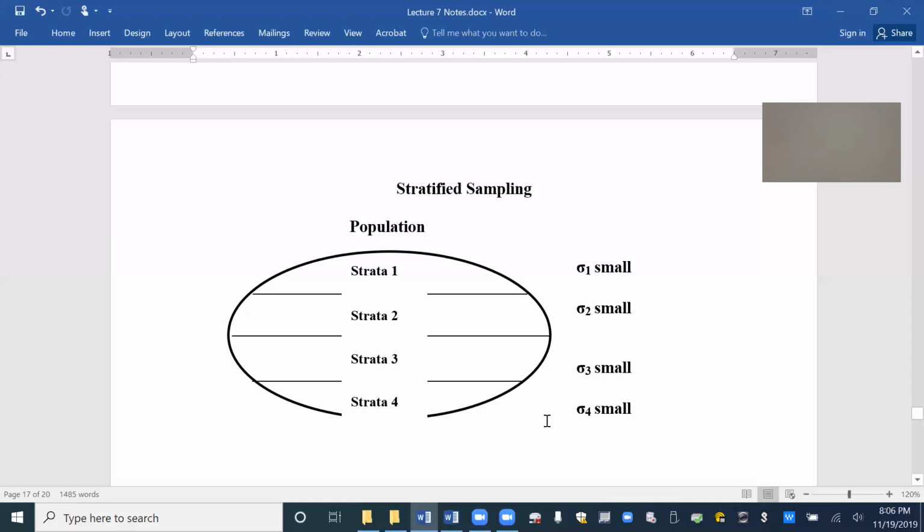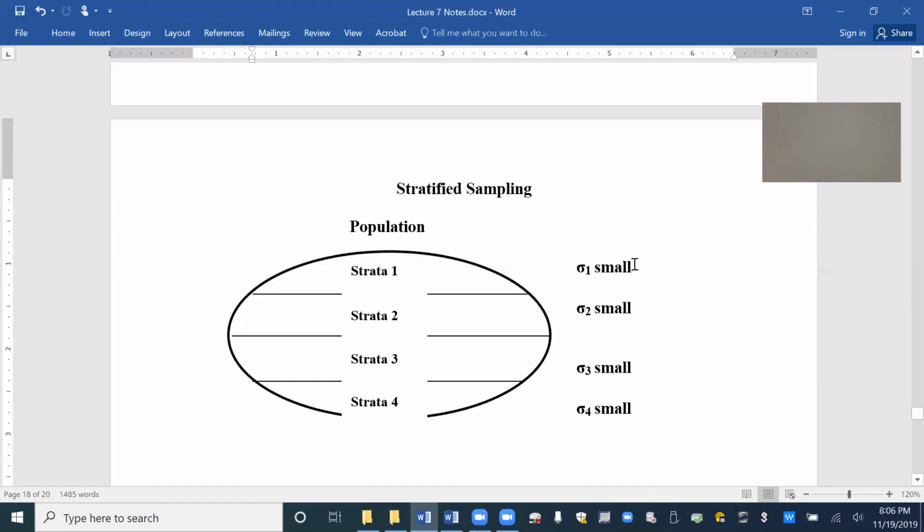Typical methods of stratification are what? Gender, of course, age. Advertisers are looking for that magic age group that buys their product. Income, region of the country, and things like that are ways that we can do stratifications.